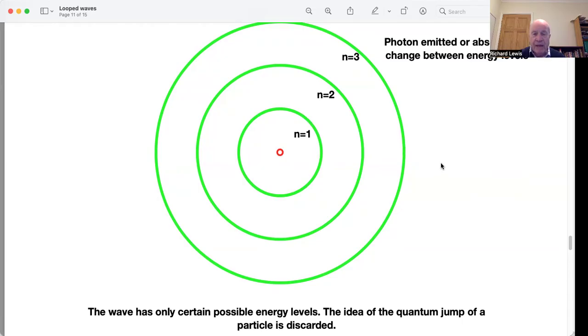So thinking of the electron as a wave, we discard the idea of the quantum jump of a particle, because it's not a particle, it's a wave. And that wave, when it absorbs wave energy from a photon, can jump up to the next level and adopt a stable state here.